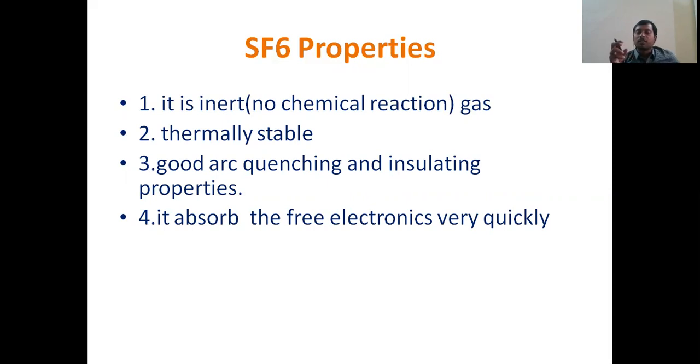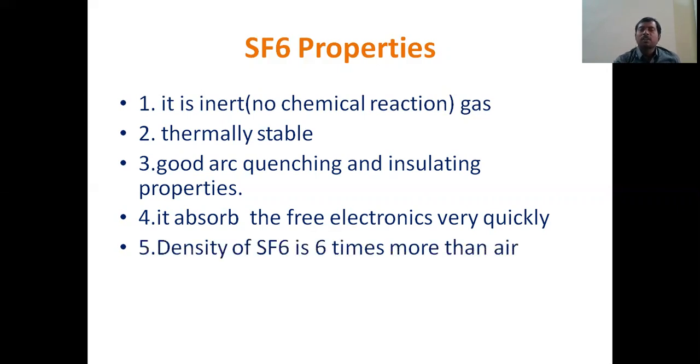How those reduce the chain reaction, in the same way, this SF6 gas also absorbs the free electrons, so whatever ionized particles will be there, those ionized particles will be absorbed by this SF6 gas.